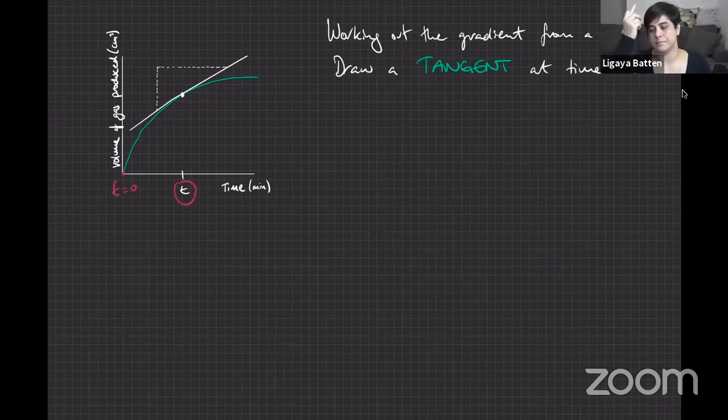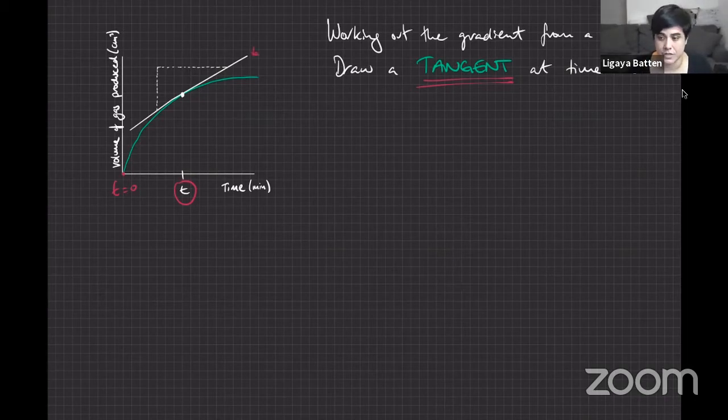So the key thing when you're trying to calculate the rate from a curved graph is you need to draw a tangent. Okay, and hopefully you know what a tangent is. It's a straight line drawn perpendicular to the normal at that point. The normal being a line that intersects the curve at a 90-degree angle. So we've got a straight line, this white line here that I've drawn.